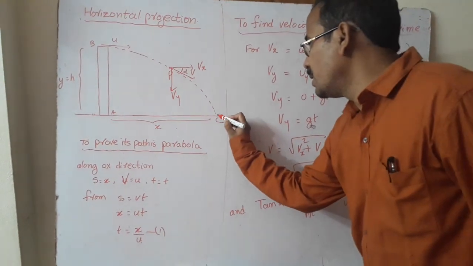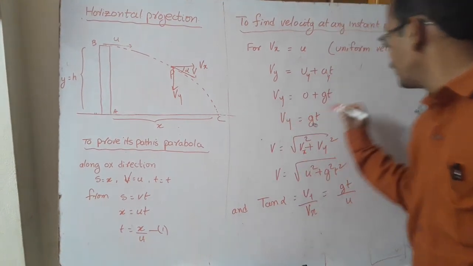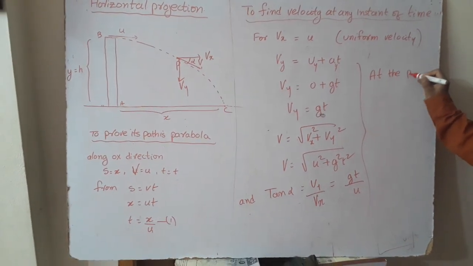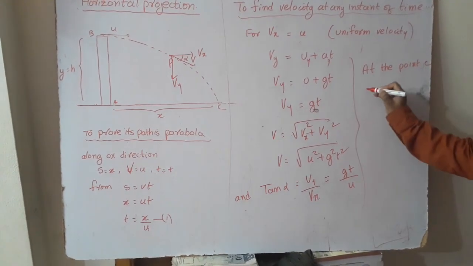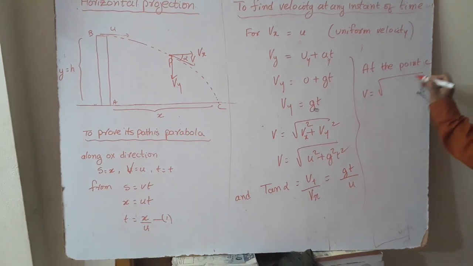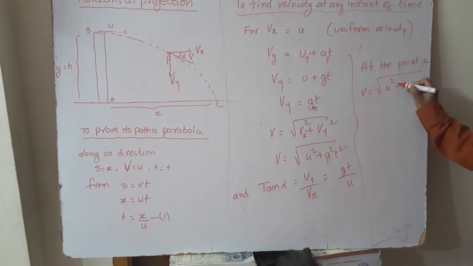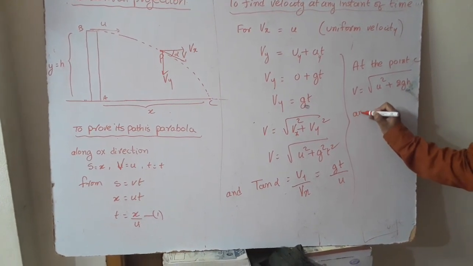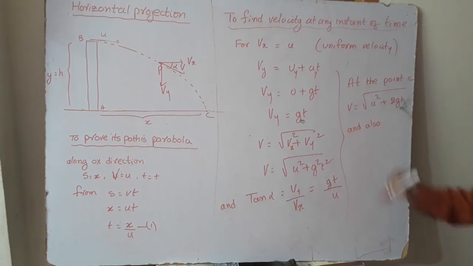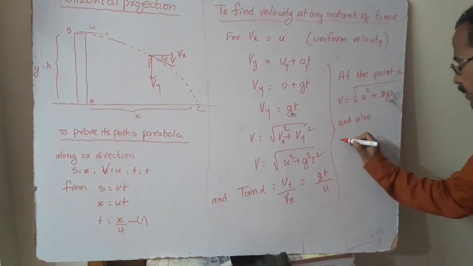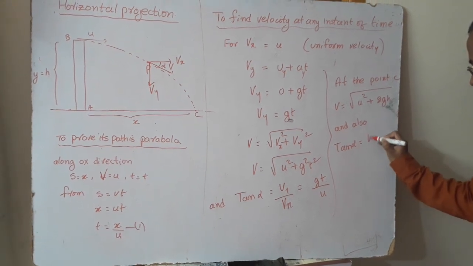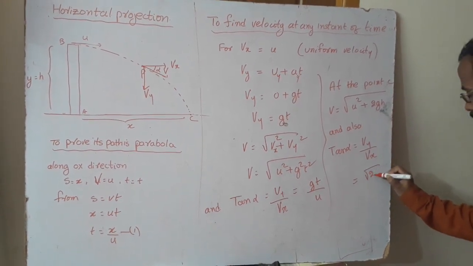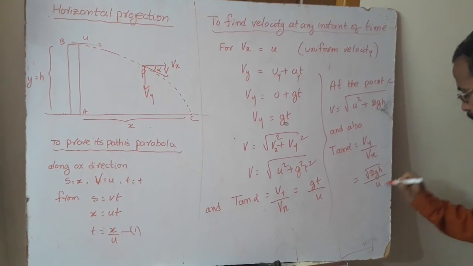When the body touches the ground at the point C, V is equal to root of u square plus 2gh, and also tan alpha is equal to Vy by Vx is equal to root of 2gh by u.